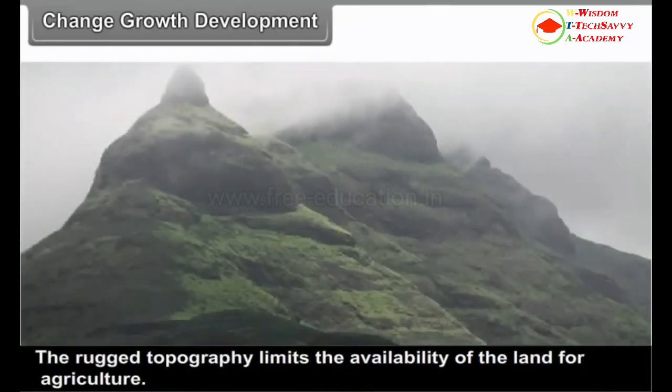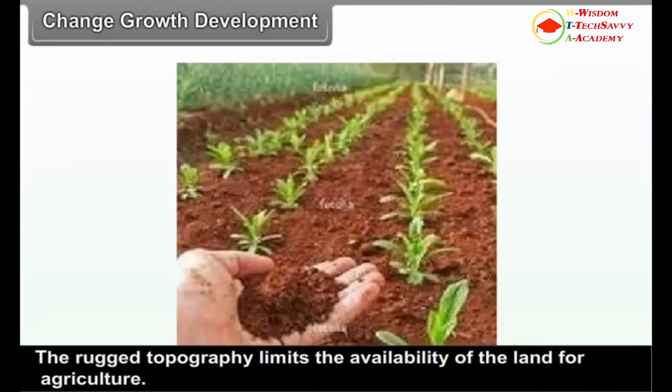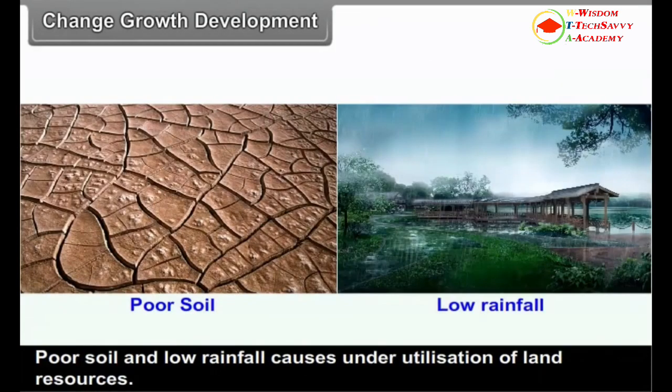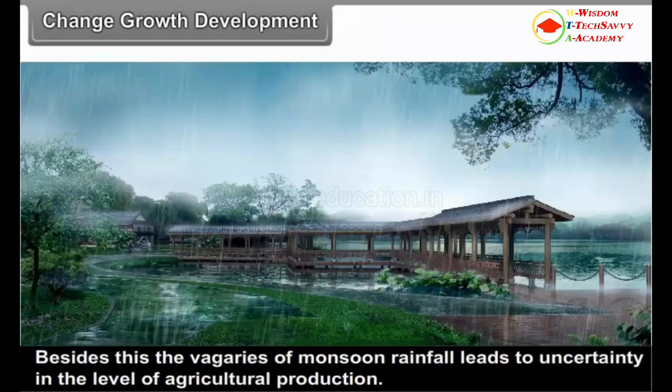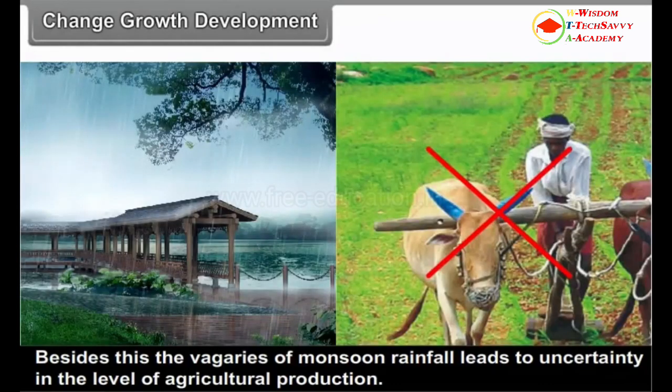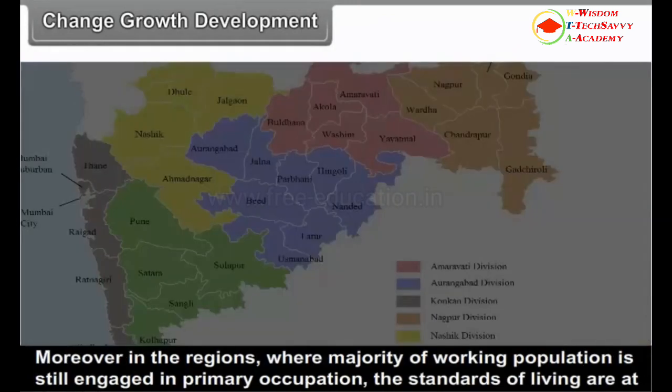The rugged topography limits the availability of the land for agriculture. Poor soil and low rainfall cause underutilization of the land resources. Besides this, the vagaries of monsoon rainfall lead to uncertainty in the level of agricultural production.